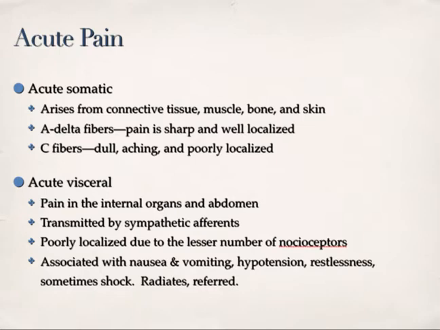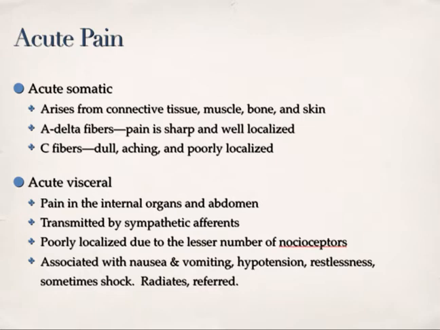And I'm sure you've all experienced this with patients. Sometimes it's very poorly localized, like it's kind of a diffuse pain that they feel internally, and it can be at times referred. So that's very common. A good example is when you think about abdominal pain. It does get transmitted by a lot of these sympathetic nerves, essentially, and that's why you get this pattern of referred pain, because it kind of crosses, and then other areas, they start to feel pain in areas where it's not exactly originating from.